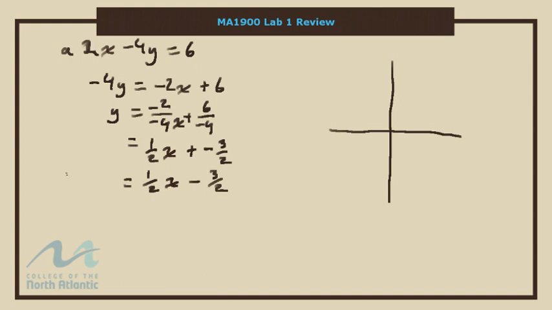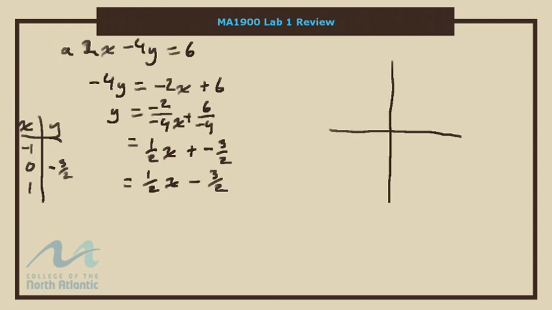So I'm going to do what I did in the other couple of examples. I'm going to have a little x and y table here, and I'm going to say x equals minus 1, 0, and 1. So when x equals 0, y is going to equal minus 3 over 2. That's one of the reasons why I always choose 0.